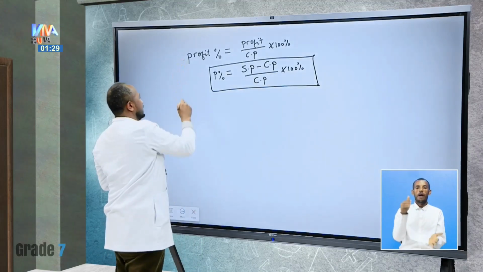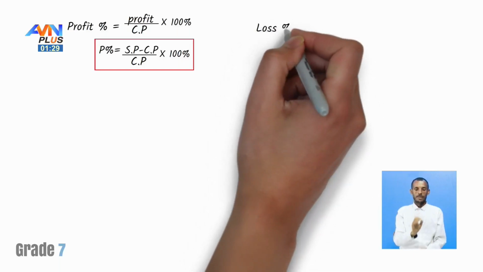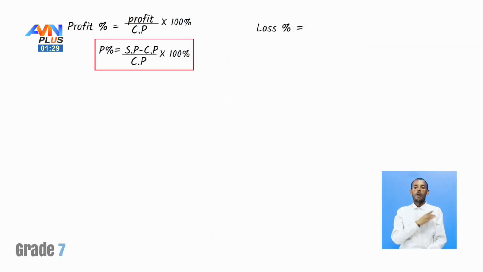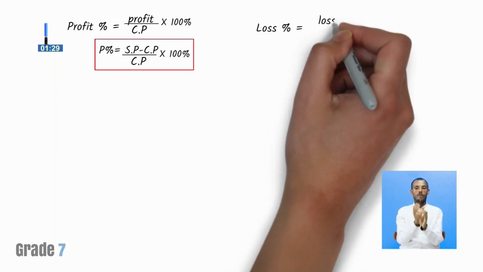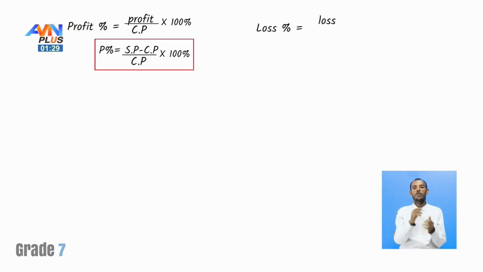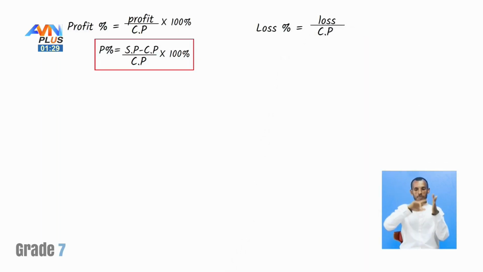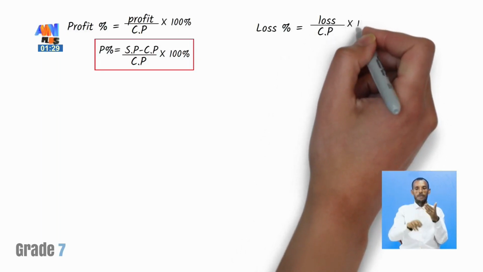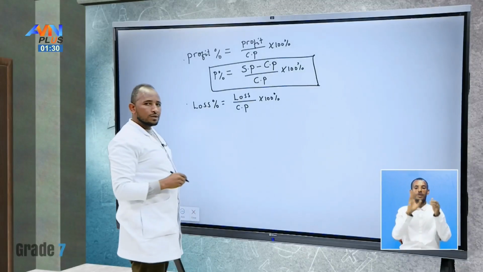Again, the loss percent is given by this equation. To calculate the loss percent, you divide the amount of loss by its original price, that means its cost price, times 100%.